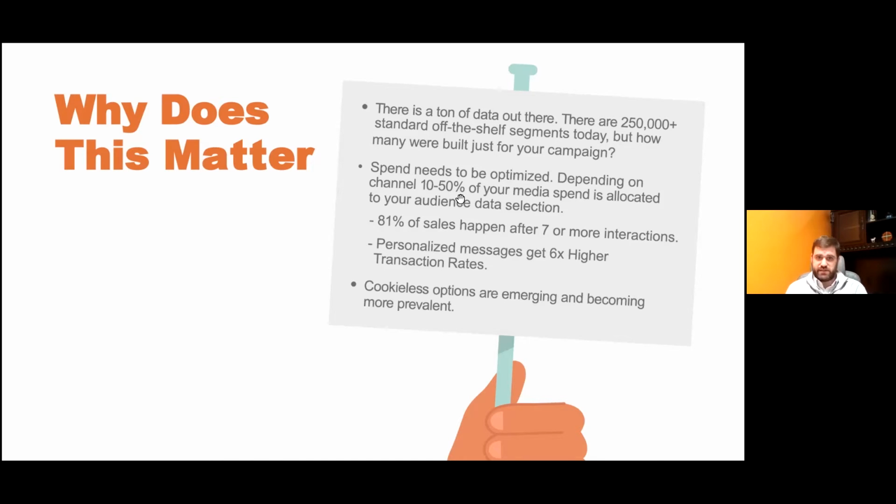We are going to discuss both syndicated audiences, which are those general off-the-shelf audiences, as well as custom segments, and when might be the best time to use one versus the other. So we did cover personalization. A big part of optimizing spend is making sure that your message is reaching the correct person.